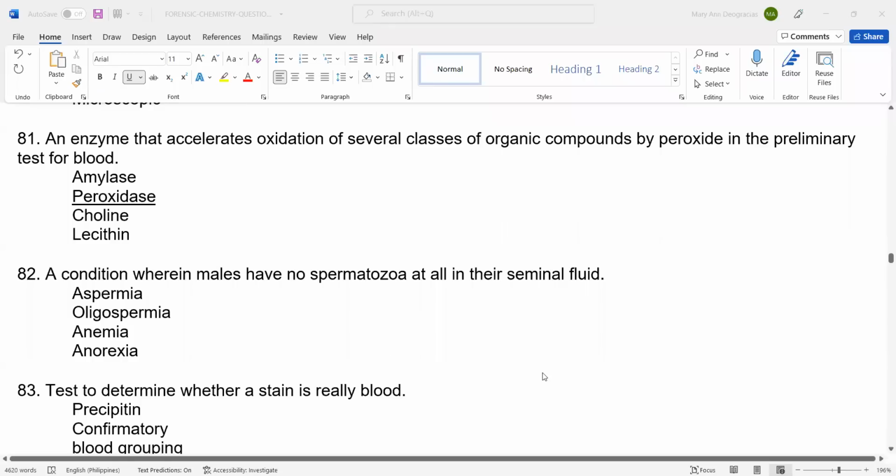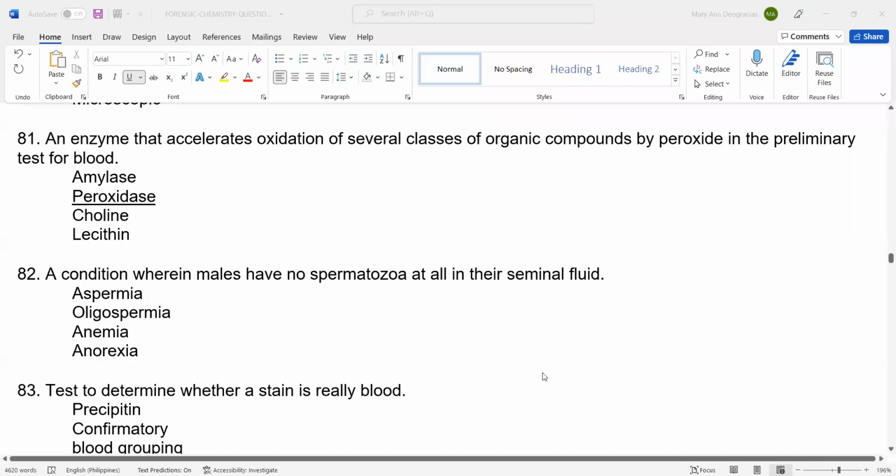Hello. Sorry guys, nag-brown out dito sa amin. Okay na. Naririnig niyo na ako? Okay, we're already on number, saan na tayo? Number 82. Number 82, a condition wherein males have no spermatozoa at all in their seminal fluid.